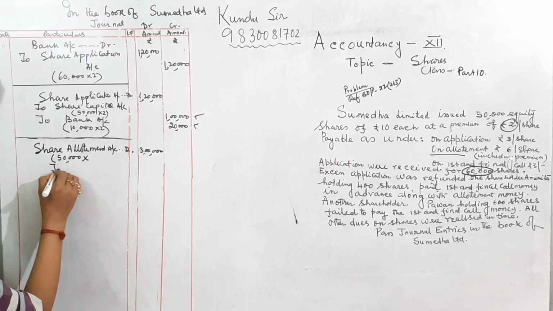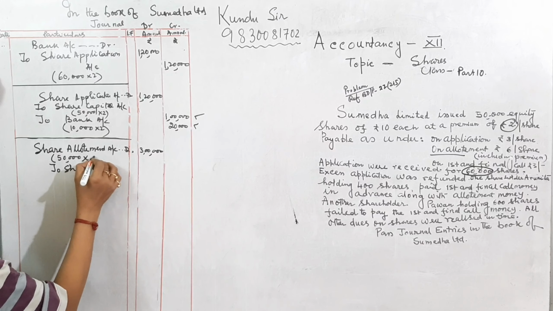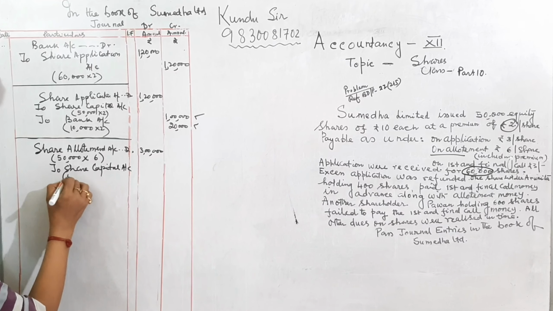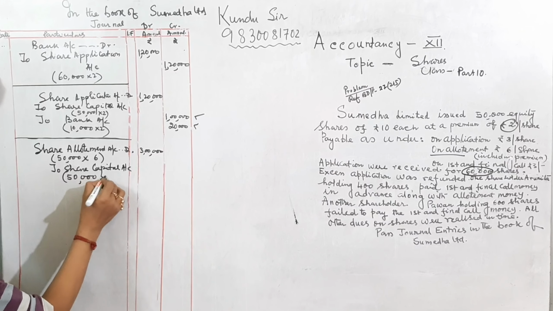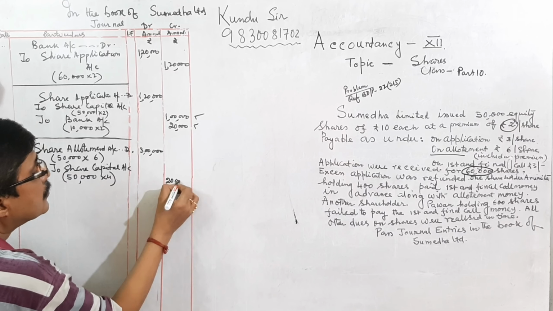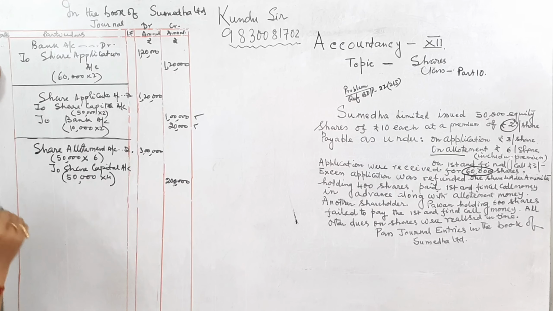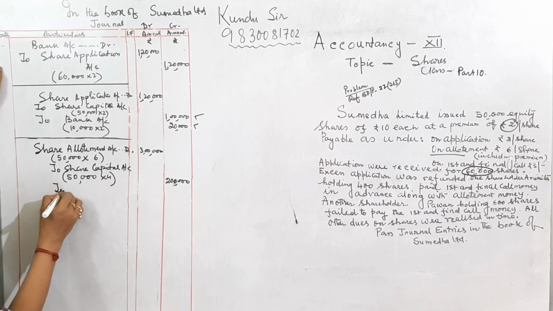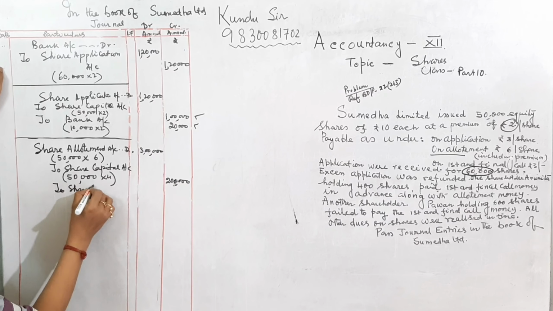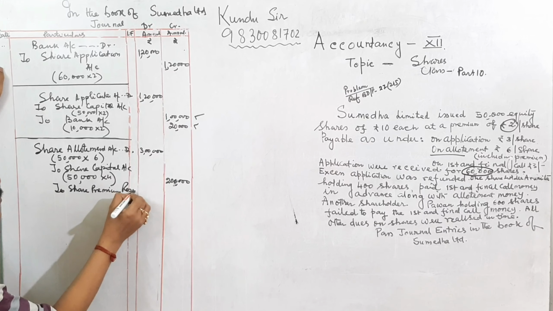To share capital account at the rate of rupees 4, 50,000 into 4 equal to 2 lakh, and the rest at the rate of rupees 2 per share to share premium reserve account.